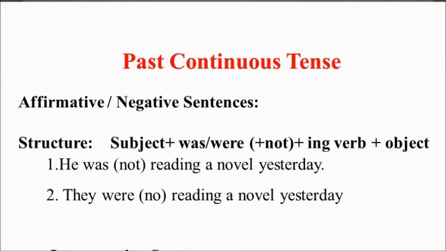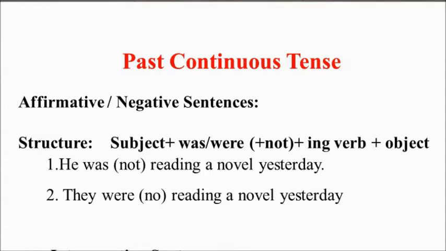If you have to express yourself in the negative, as I told you in past indefinite, then you can use that particular not. Now move towards the sentence. The sentence is: he was reading a novel. This is in the positive form, an affirmative sentence excluding the not. But if you add not, then you can simply convert it into negative form: he was not reading a novel.